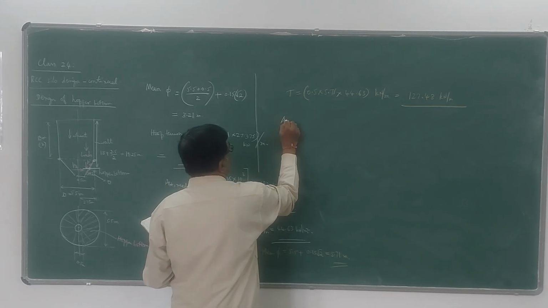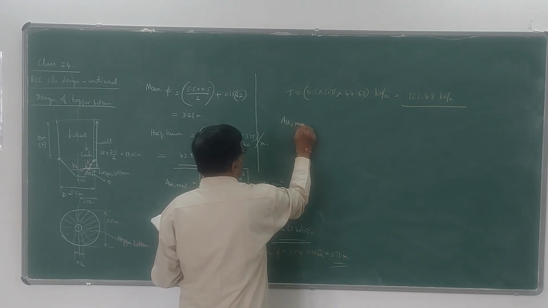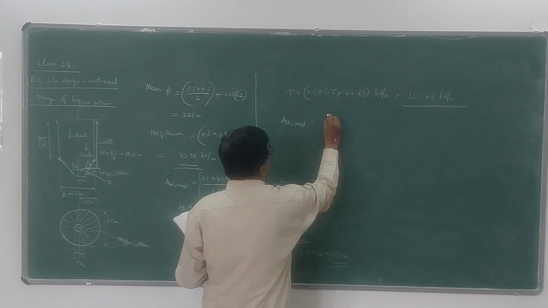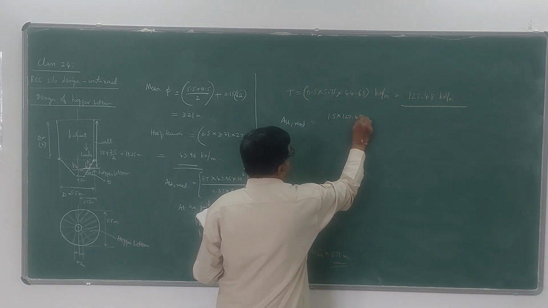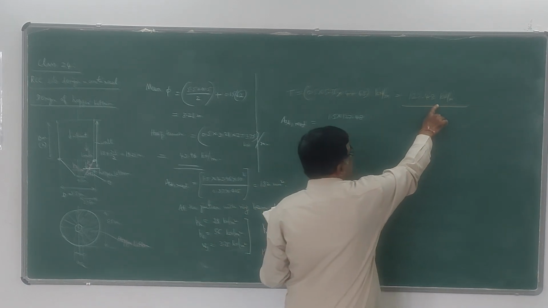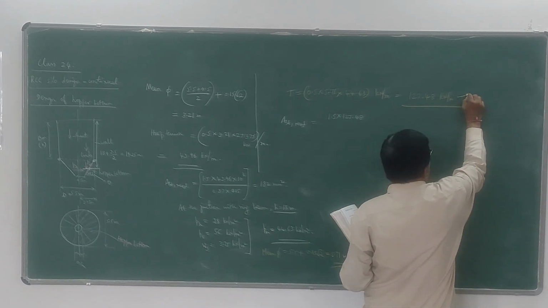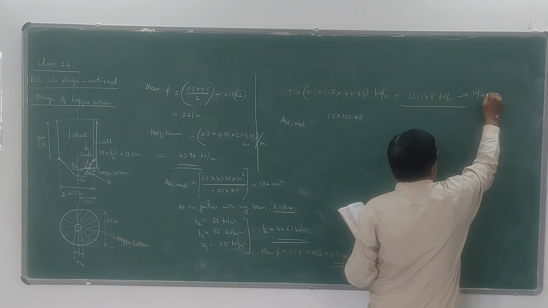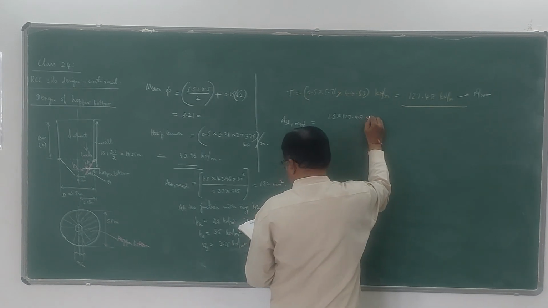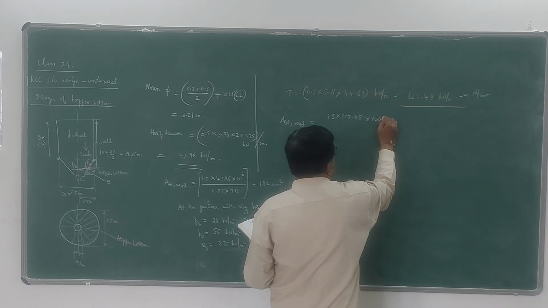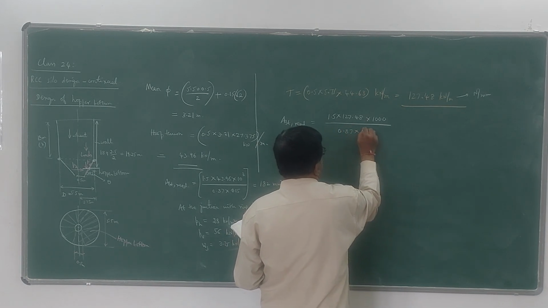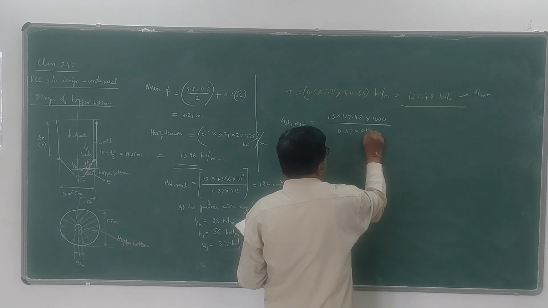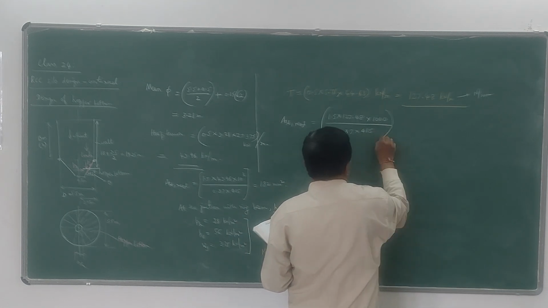So once again the formula is the same. Ast required is 1.5 times T, that is 1.5 into 127.48 kilonewton per meter, which is the same as newton per mm, into 1000, that is for 1 meter length, divided by 0.87 fy, that is 0.87 into 415.